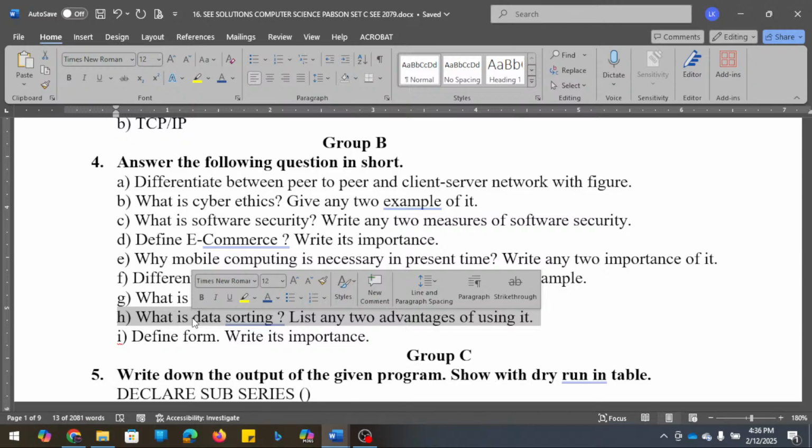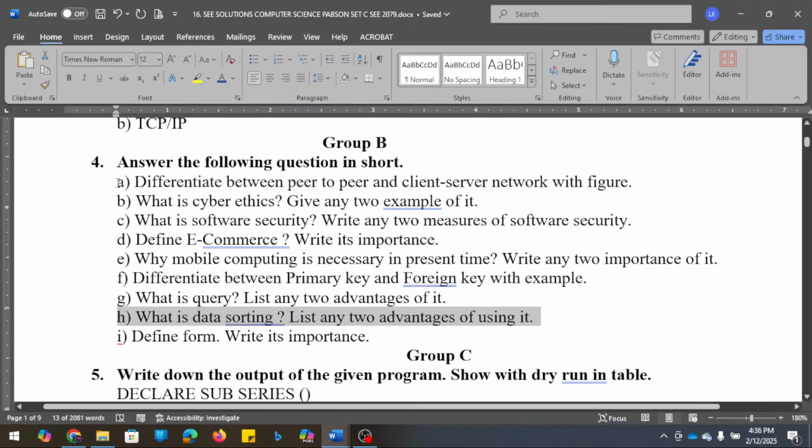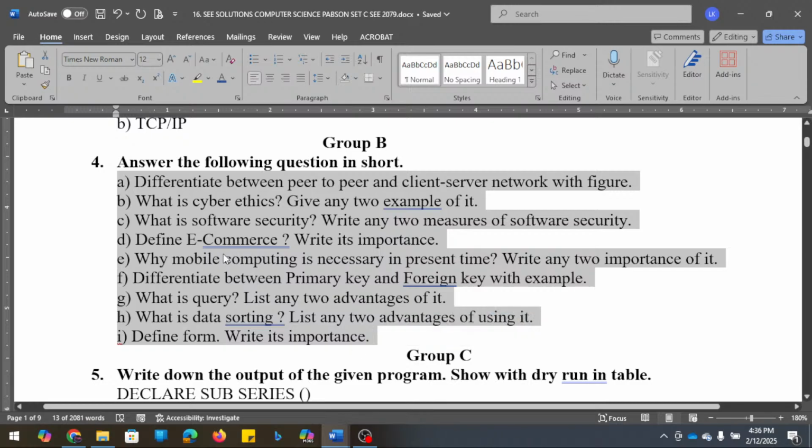We can organize the data in a better way, and it also supports enhanced reporting. Next, it can help decision making; for quick decision making, we can use this sorted data. We have two types of data sorting: first is ascending and second is descending. In this way, we can answer all these questions.